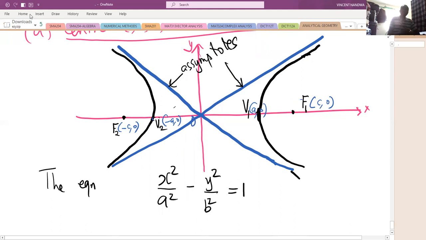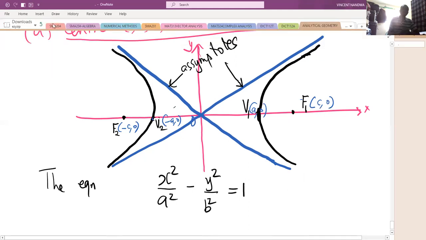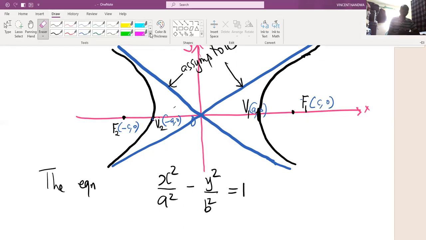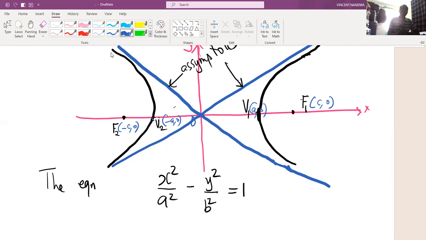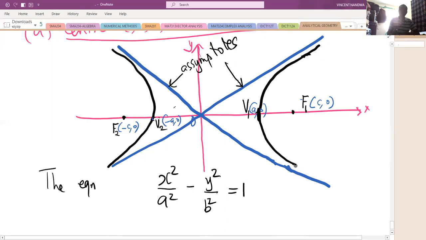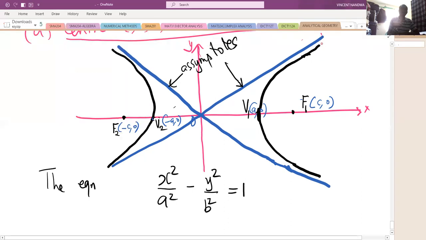So to get the equation of these two asymptotes, let me extend this one a little bit. Let me call this one L1, this other one L2.